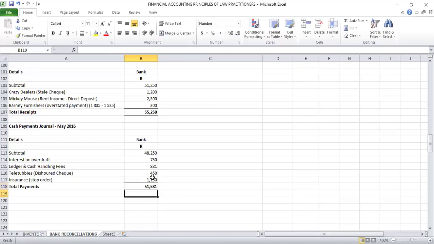So that will be our cash receipts journal and our cash payments journal. So in our cash receipts journal and cash payments journal, we record all those transactions that are appearing on the bank statement but not in our books, and also errors that were made in the cash receipts journal and the cash payments journal.